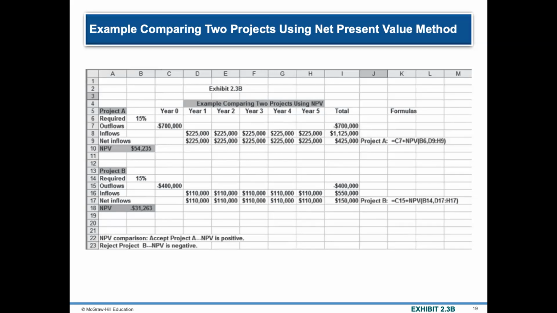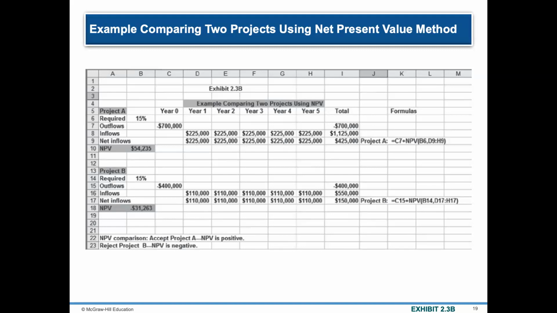And if you discount that amount to the value today, the NPV of that project is 54,235. Now, what does that mean? Your 425,000 savings in 5 years is valued to be $54,235 today.